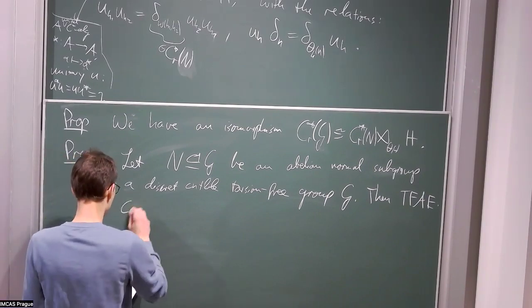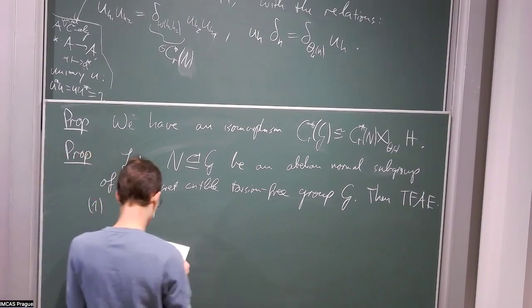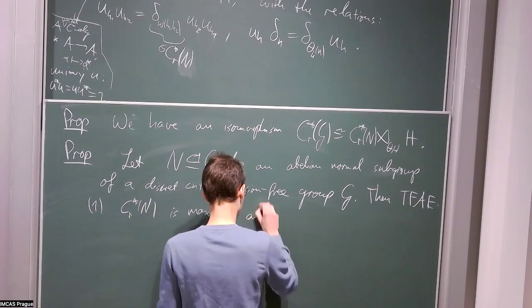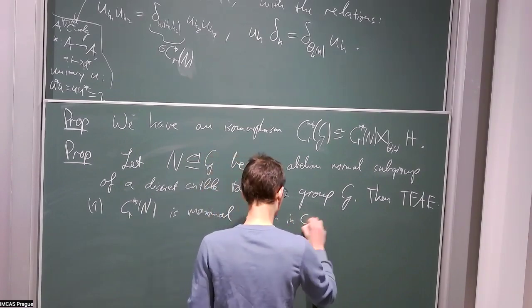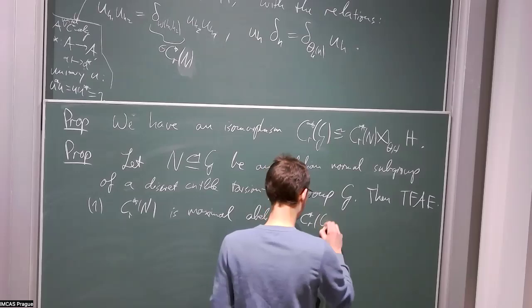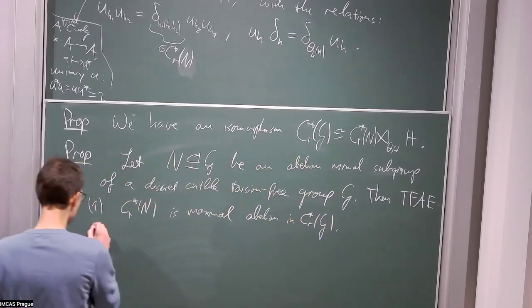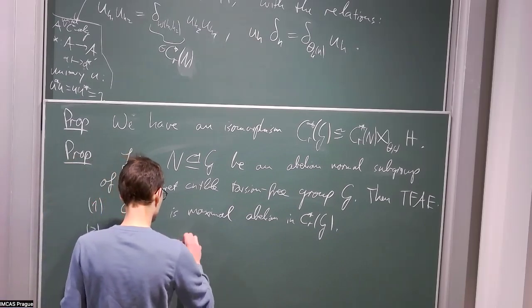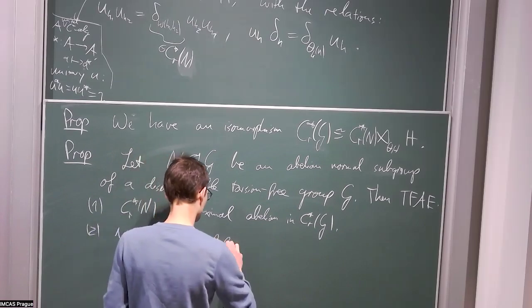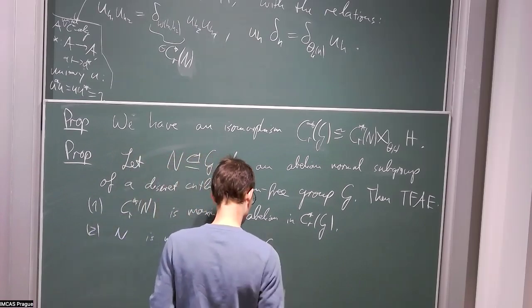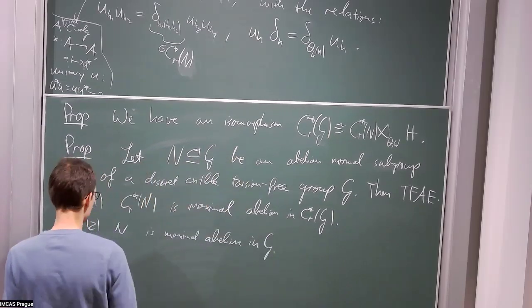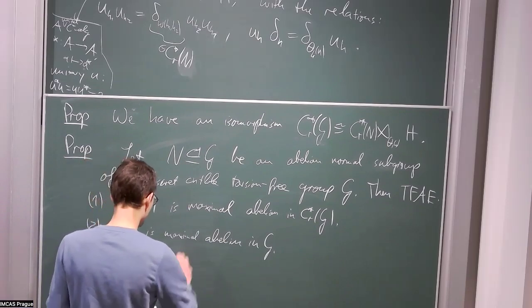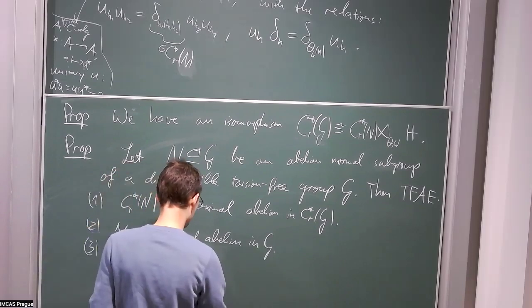First, C-star reduced of N is maximal abelian in the group C-star algebra. Secondly, N is maximal abelian in G. And just for fun, another equivalent condition is that the action of H on N that we constructed before is faithful.